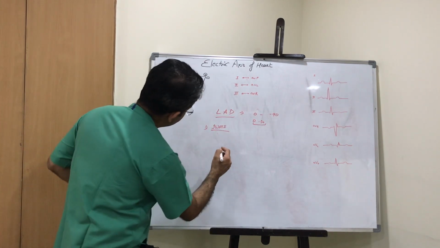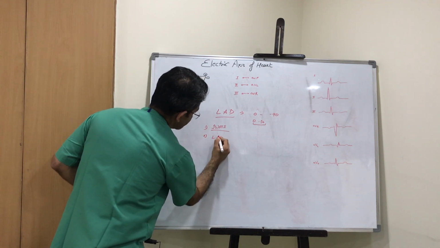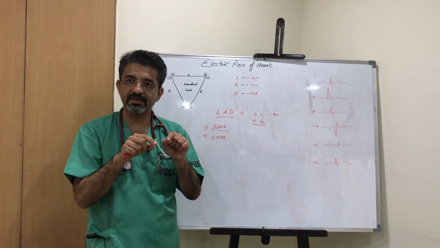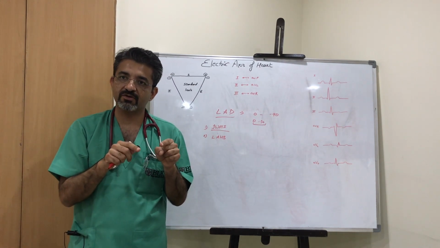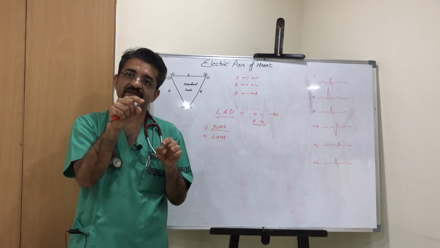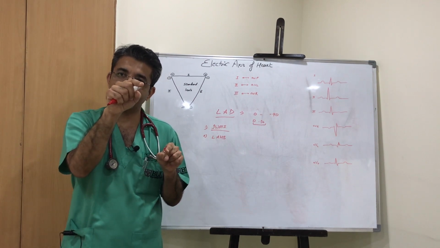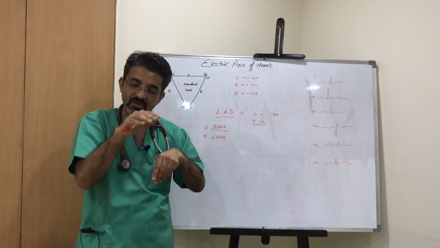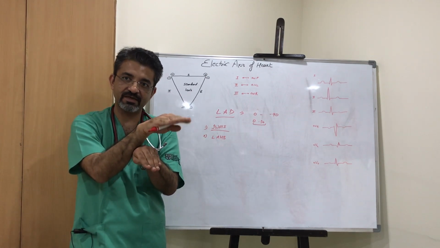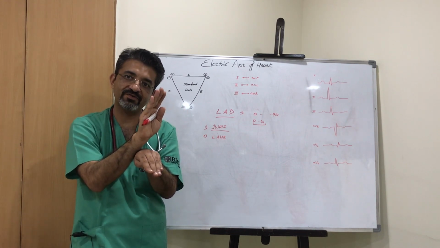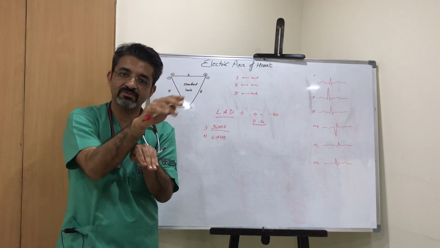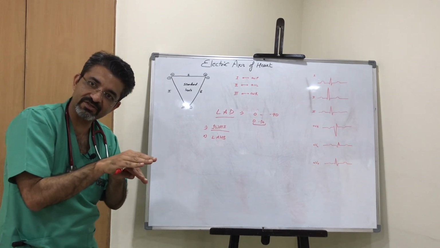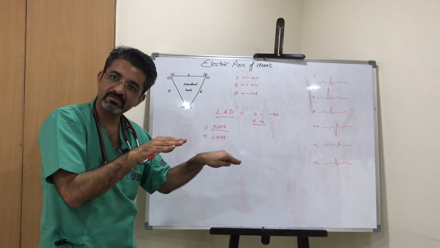Then you have left anterior hemiblock. You have two fascicles in the left bundle. One is anterior superior, that is the left anterior fascicle, and the other is posterior inferior. You have to imagine like this. This is the anterosuperior part, or left anterior fascicle. It gets blocked, so activation is occurring down like this. So again, the shift is leftwards.